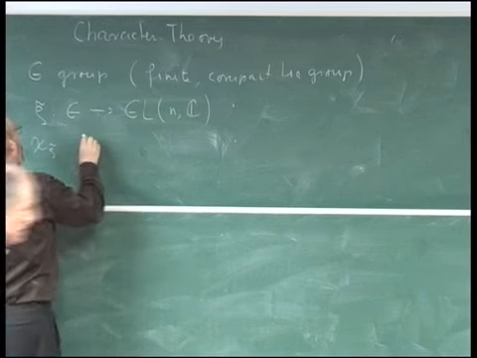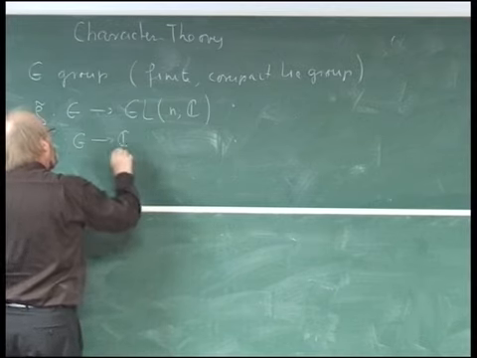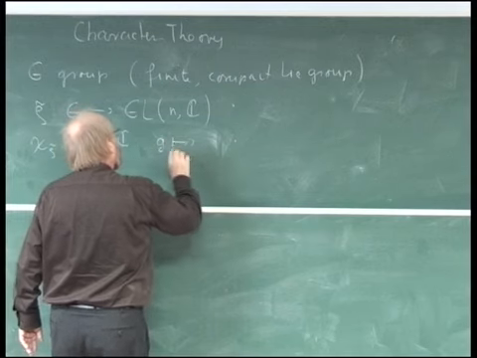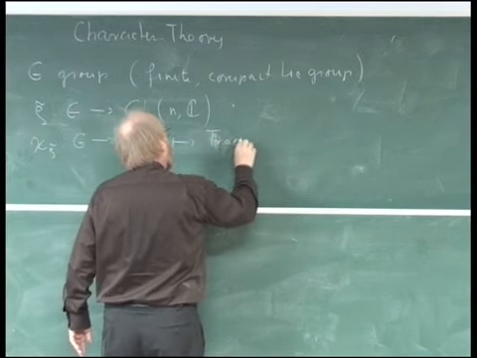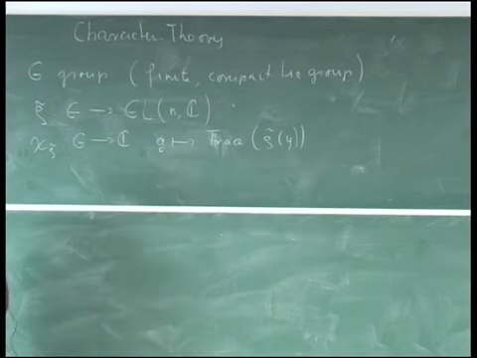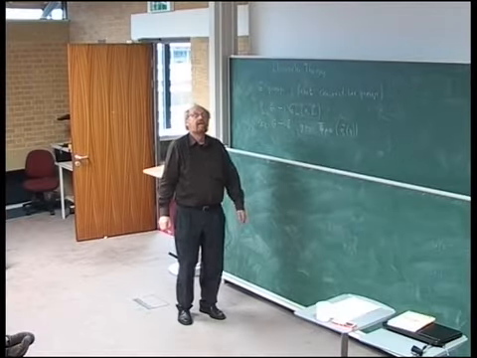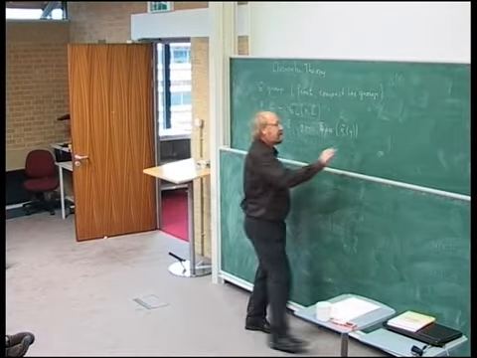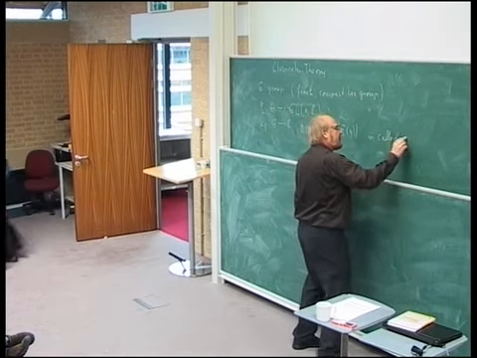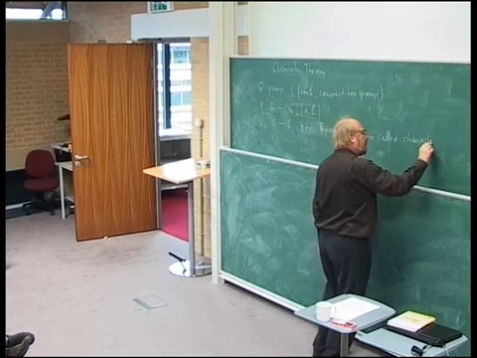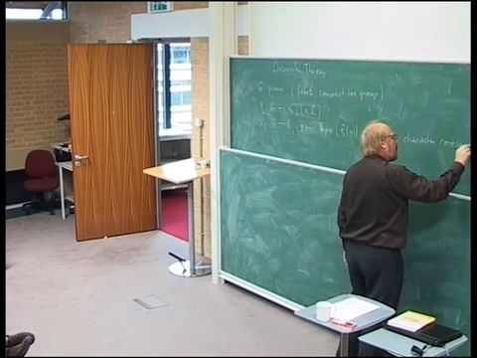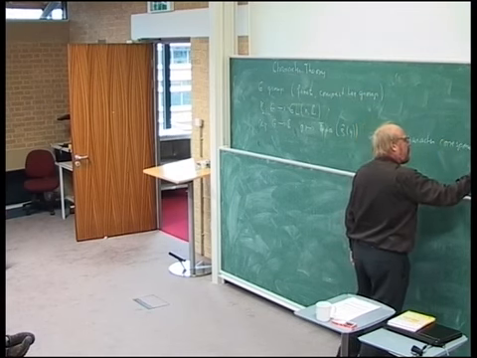This is a mapping from G into the complex numbers, and we map G onto the trace of rho tilde of G. And this is called a character, the character corresponding to rho tilde.